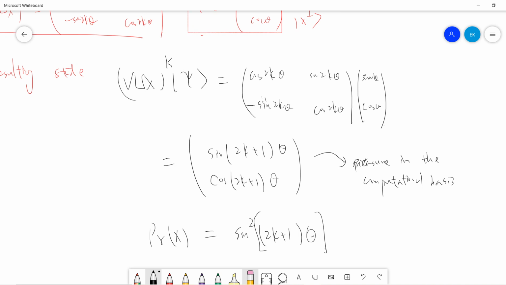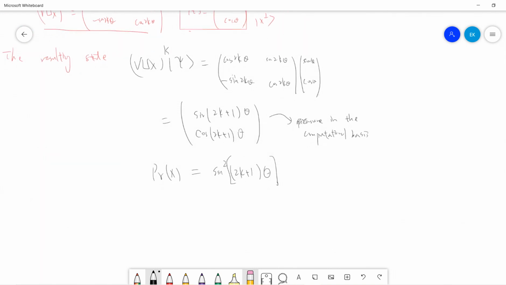And we want this to be as large as possible, right? So we hope 2k plus 1 theta should be pi over 2. Sine theta is 1 over square root of n, so when n is large enough, theta will be close to 1 over square root of n.